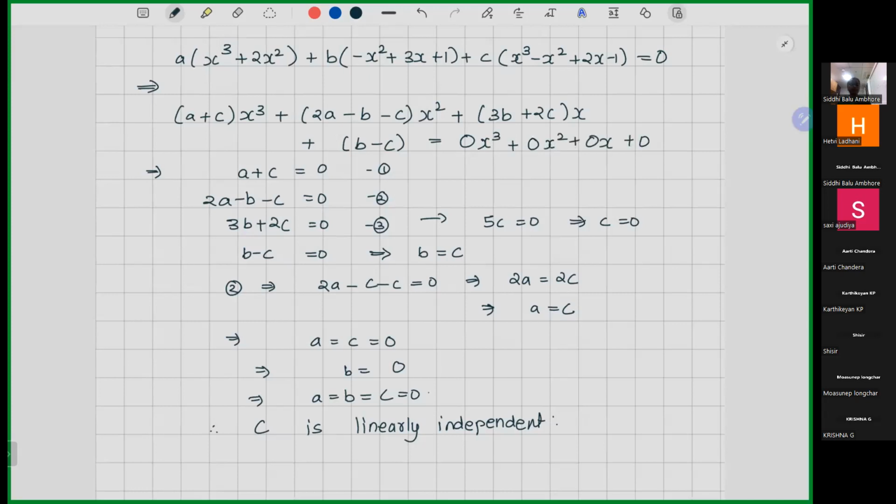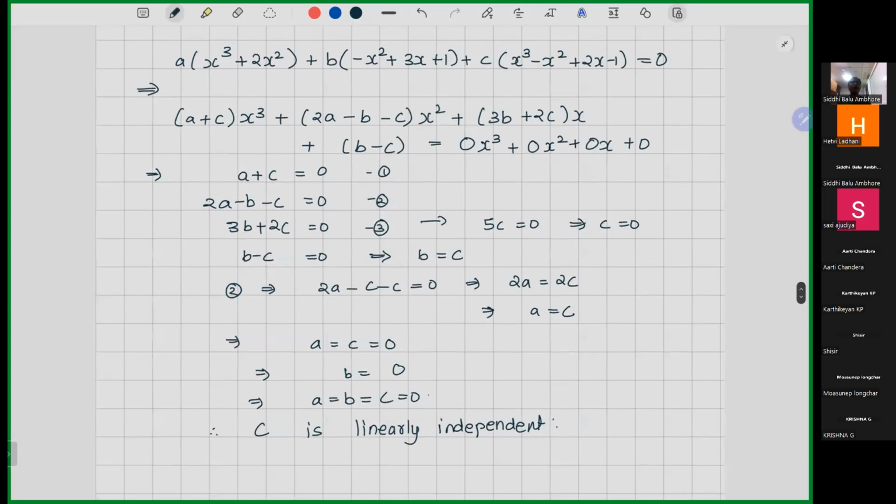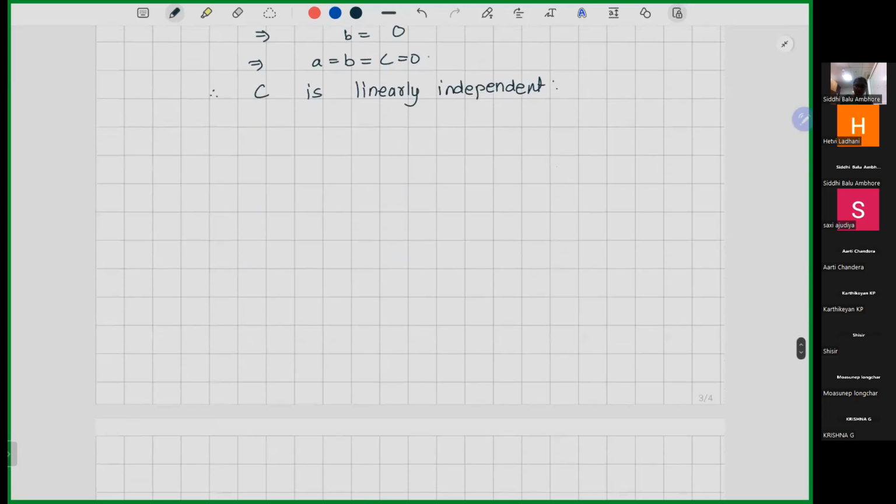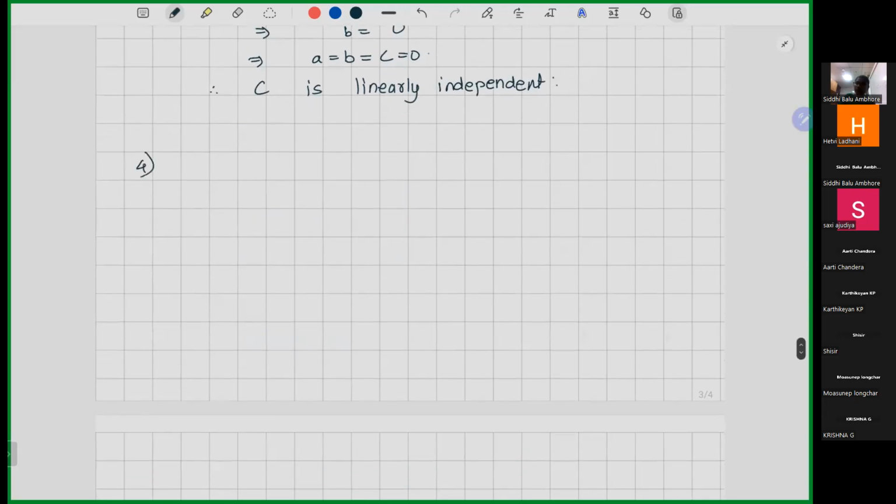And then we are doing a coefficient wise or component wise comparison. And then we are getting these four equations, and then we got that A, B, C need to be 0 if we have such kind of setup. Okay, so if you have doubt, please write it in the chat. Otherwise, I will move to the further question.